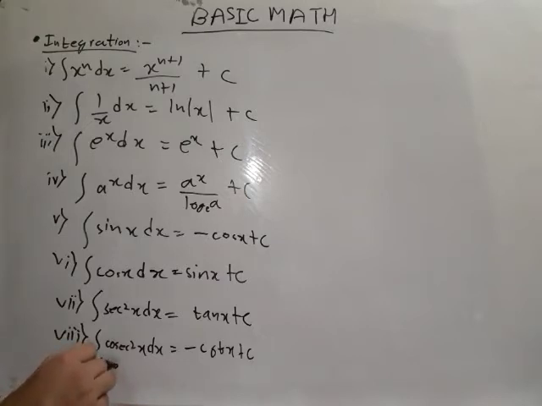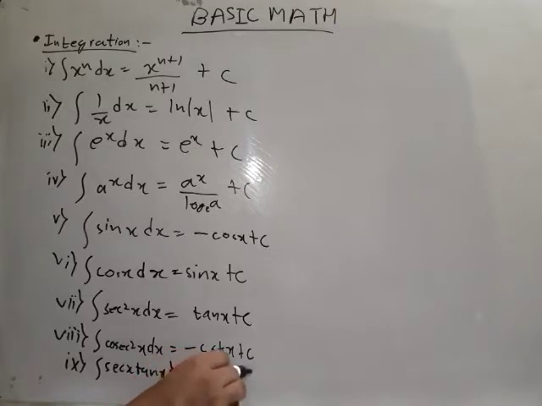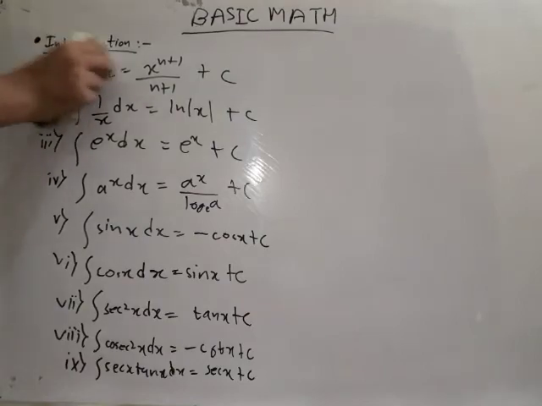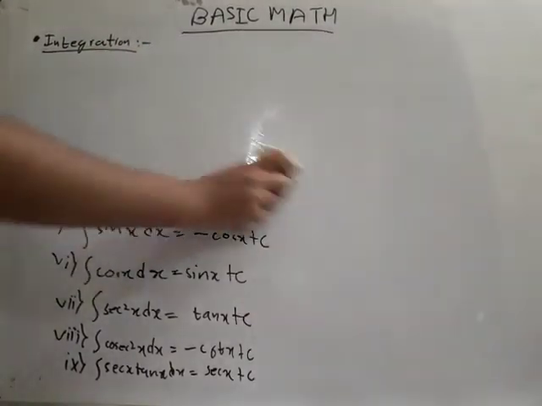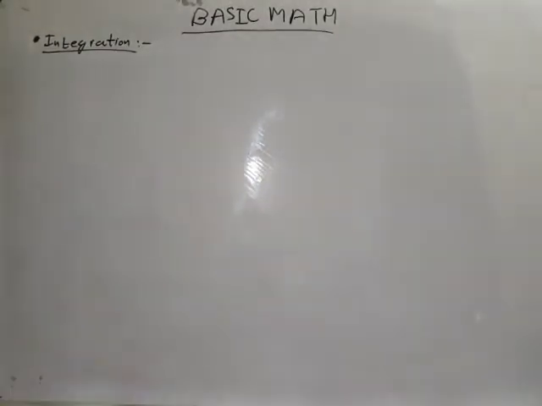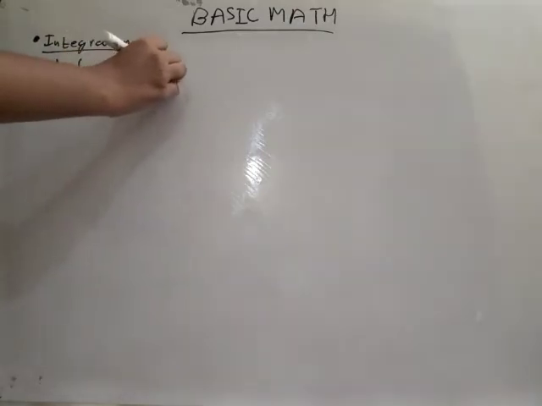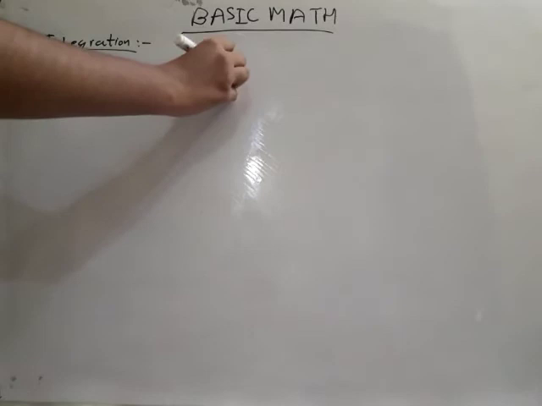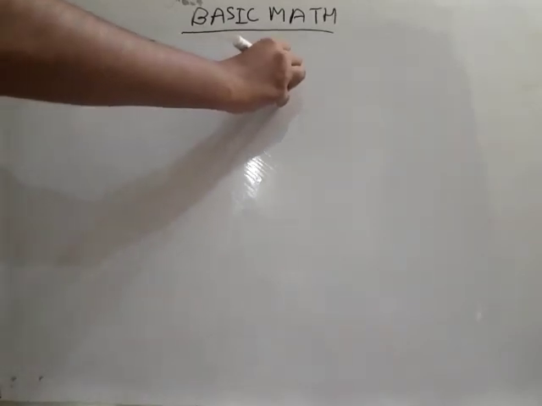Integral sec x tan x dx equals sec x plus c. Please note this down. Integral cosec x cot x dx equals minus cosec x plus c.